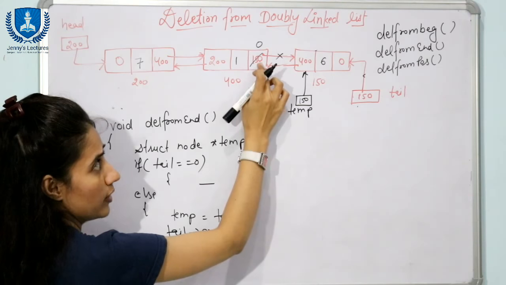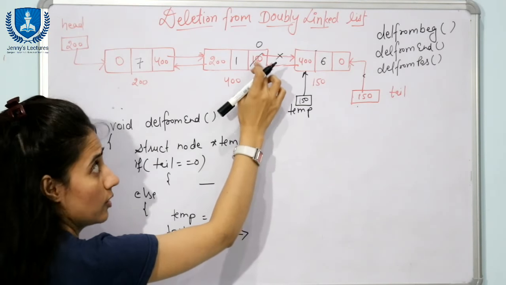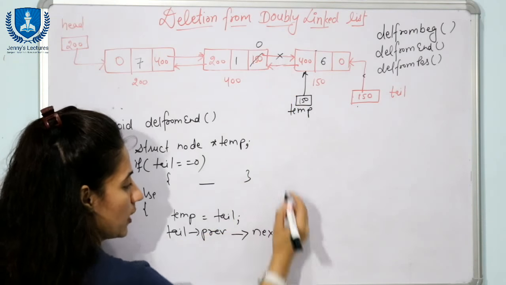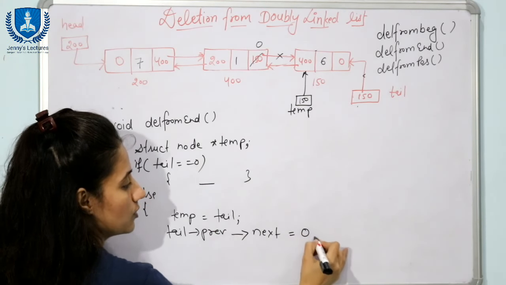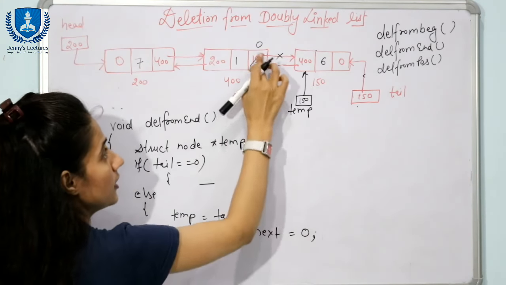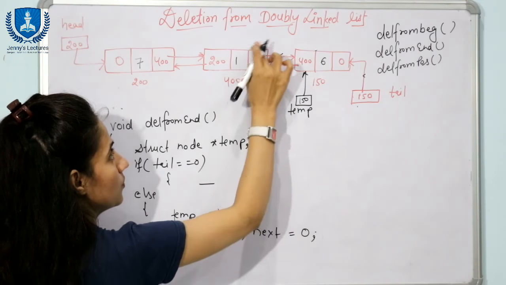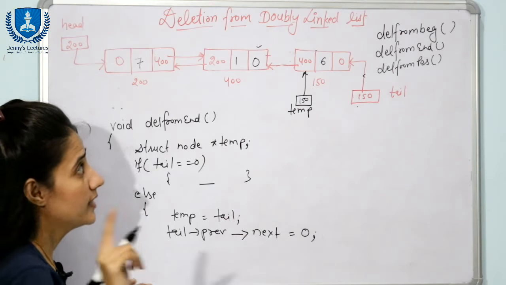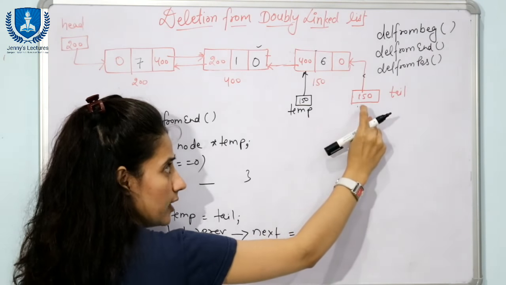Now I want to reach this location, and now what is this? The name of this part is next, is equal to 0. It means here now I have 0. Now this link has been broken. Fine. Second thing, we are also going to update this tail.